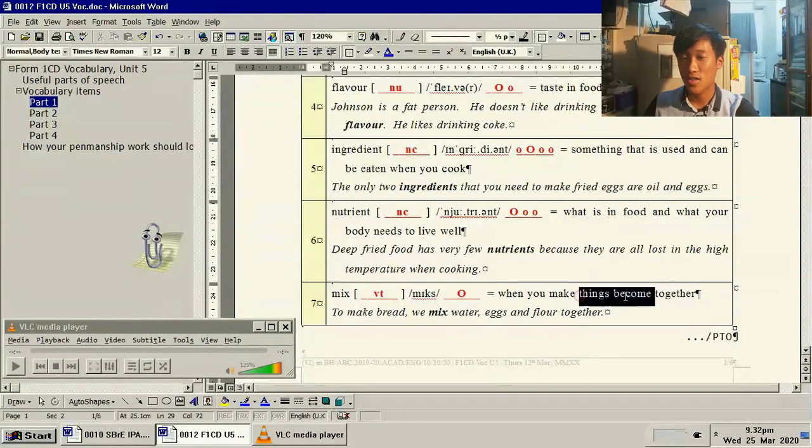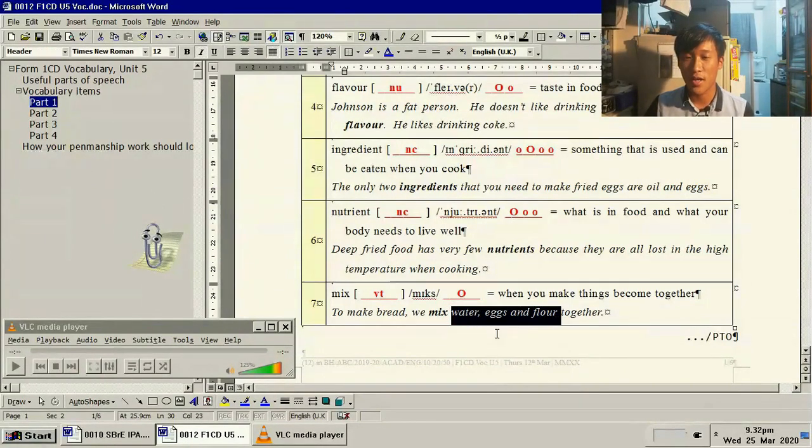So it's not just, for example, if you smile, then I smile, full stop. So there is no object. Here you have to mix something, there is a something. So this part we call it an object. The verb needs an object to complete it, to finish the verb. So this kind of verb we call transitive verbs.